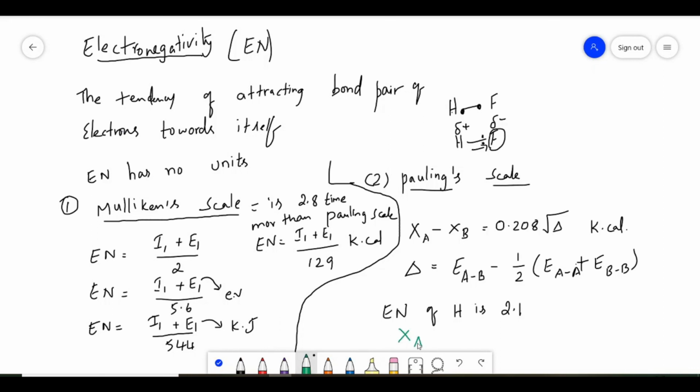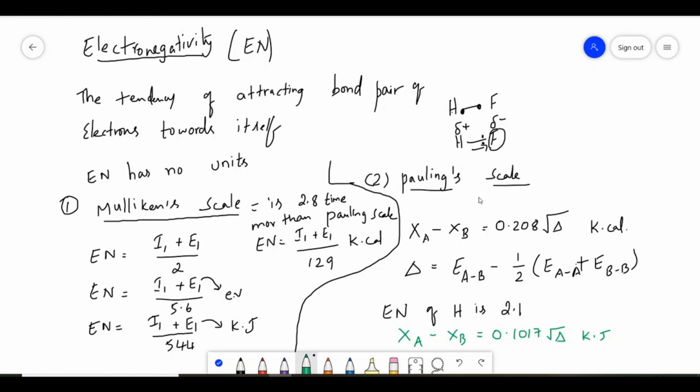So it is Xa minus Xb is equal to 0.1017 root delta. This is when the energy is given in kilojoules per mole. So these points are very important for calculating the Mulliken scale and Pauling scale.